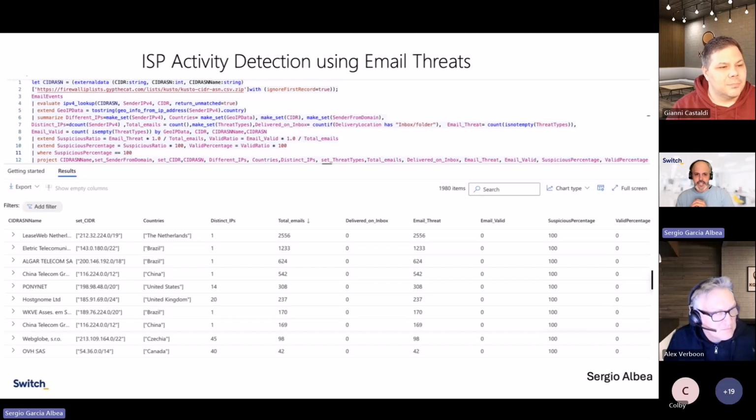So what I can see here is, okay, I have different ASNs, ASN names that are sending me different emails, this amount of emails, and all of them have been detected as threat. There is zero valid, so the suspicious percentage, of course, is 100%. And then, as I said in the previous slides, it depends on your criteria.